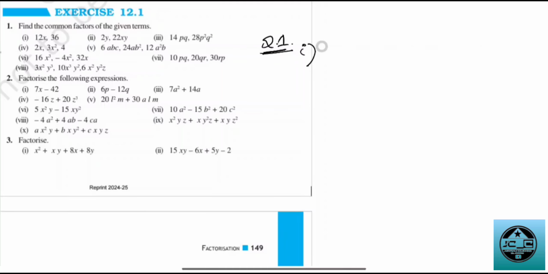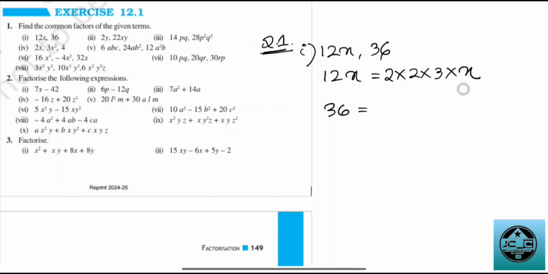We have 12x and 36. Let us do the factorization of 12x and then of 36. 12x will be 2 into 2 into 3 into x. And 36 will be 2 into 2 into 3 into 3. Now, can we find out the common factors?